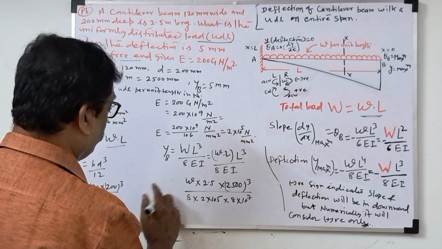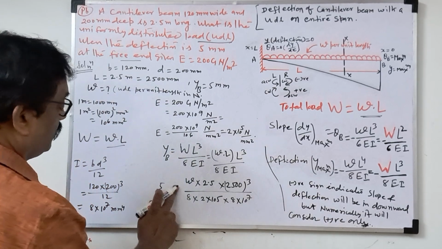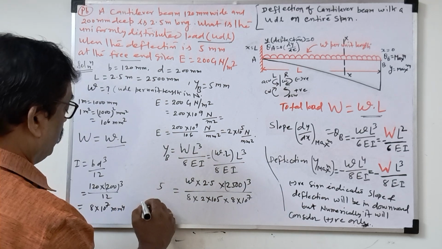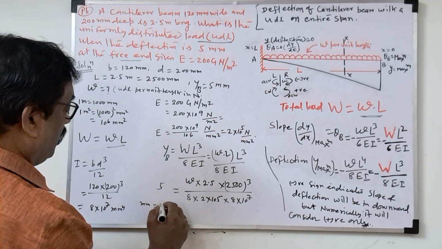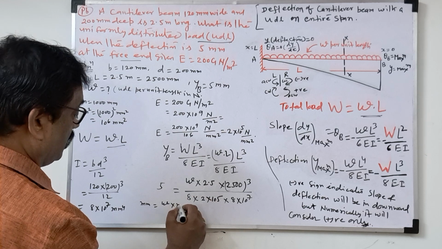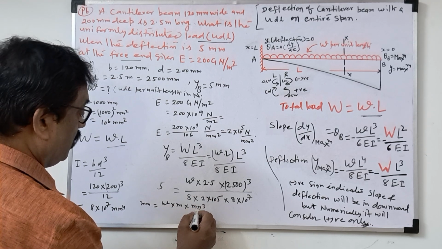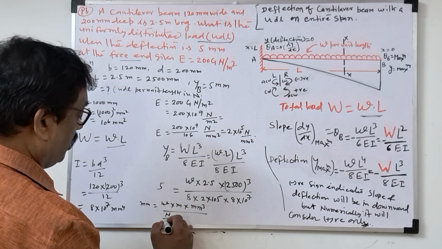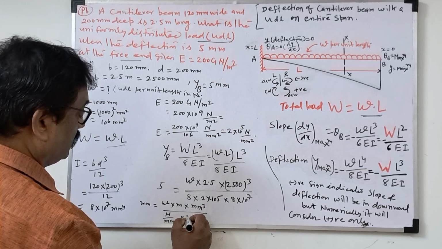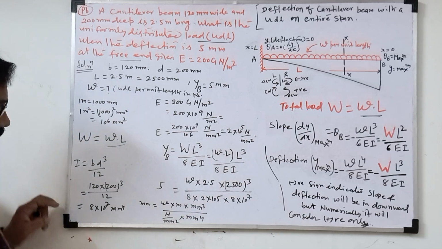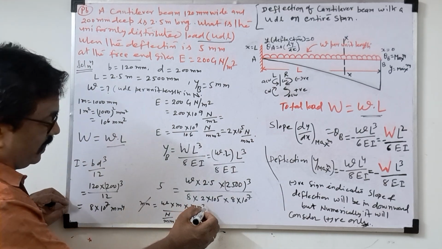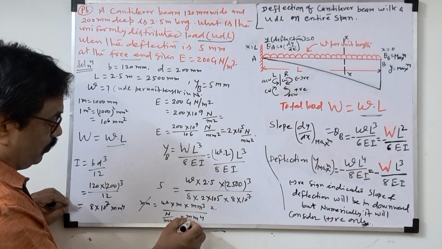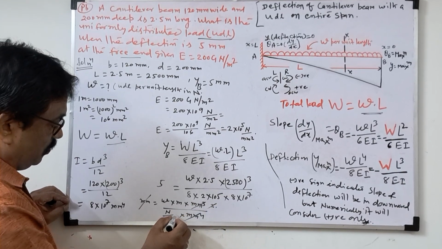Now we check the units in the formula. Here we have mm, w is per meter, and this is mm cube. Newton per mm square, and this is mm power 4. Now look here, 1 mm gets cancelled, so 2 mm will be there, and this mm goes to the top, so this 4 gets cancelled.